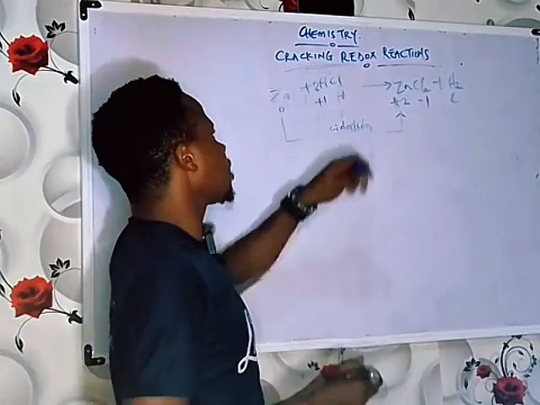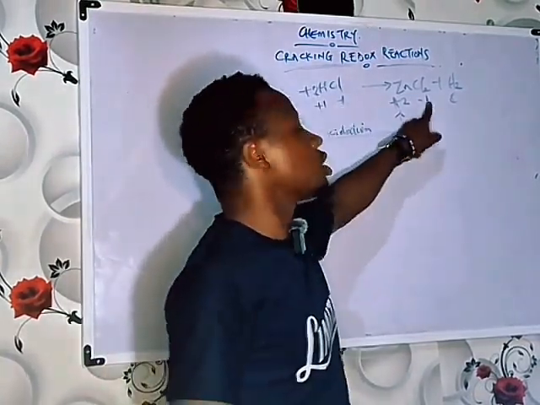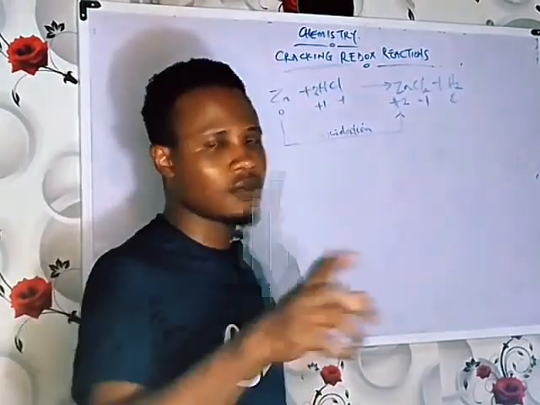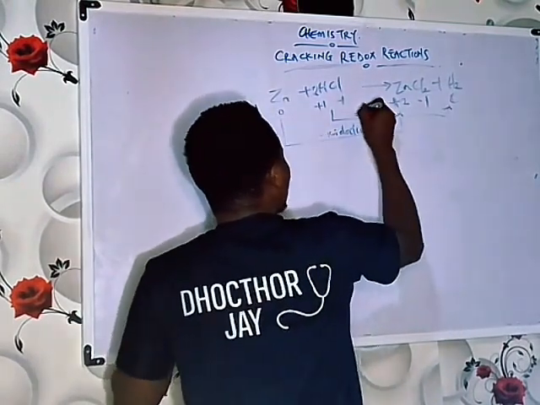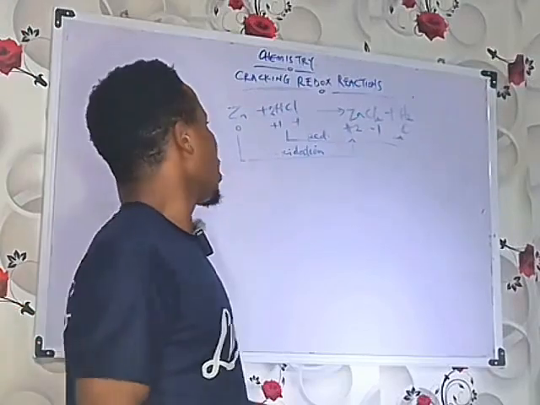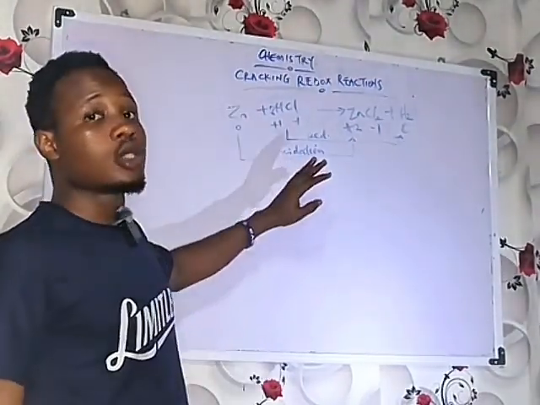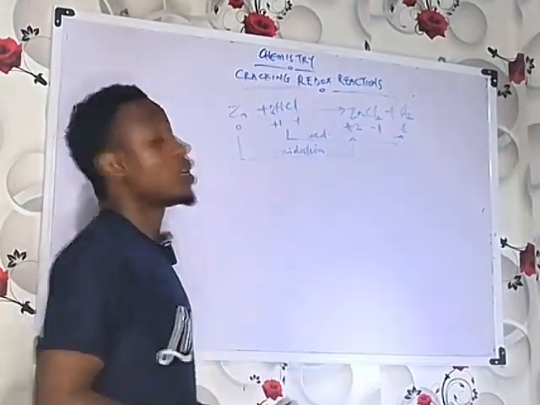And then this is HCl. Hydrogen is +1, chlorine is -1. Chlorine did not change. Hydrogen changed from +1 to 0. Is that an increase or decrease? Definitely a decrease. So we draw another arrow. We say that this is reduction. So that is how to identify oxidation and reduction in this equation. Let's look at another example.